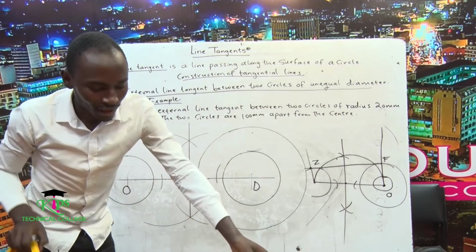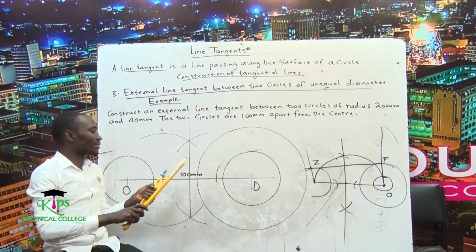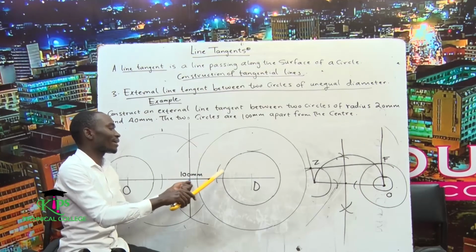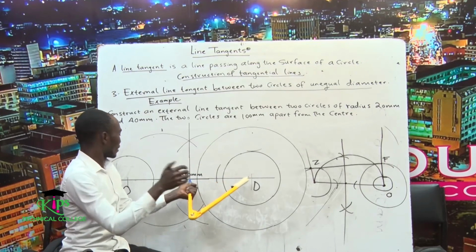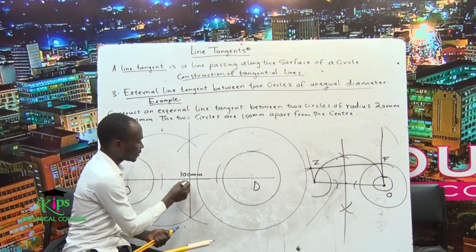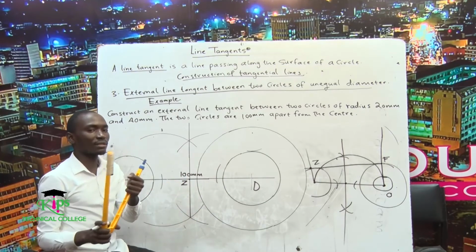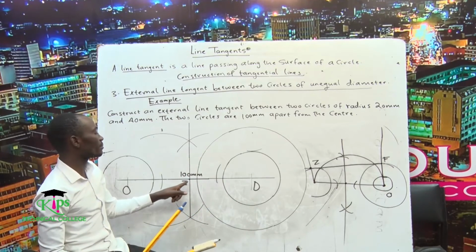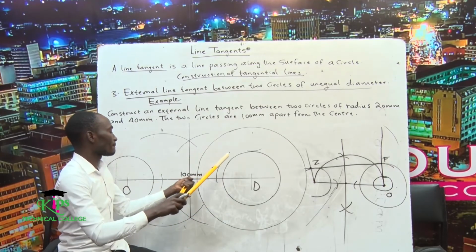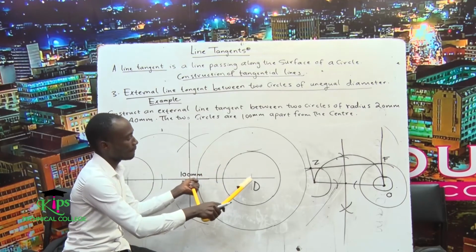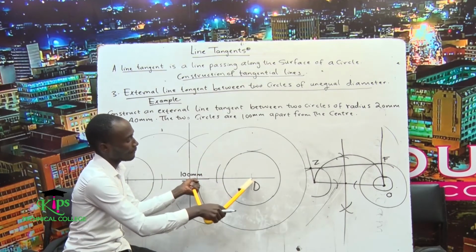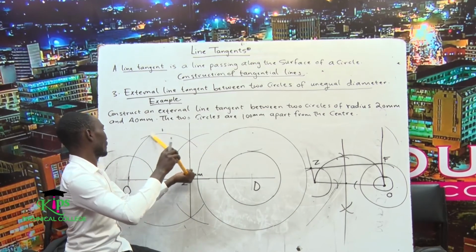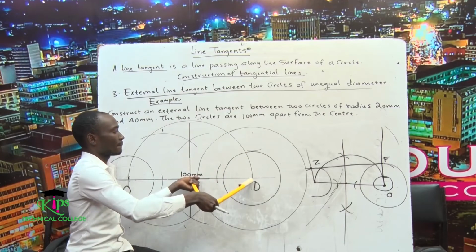Now from there, I will stand at this point and adjust my compass. Let me label this one as Z, this is my point Z. I will adjust my compass either from point Z up to point D or from point Z up to point O. So standing here, I will draw a semicircle like that.